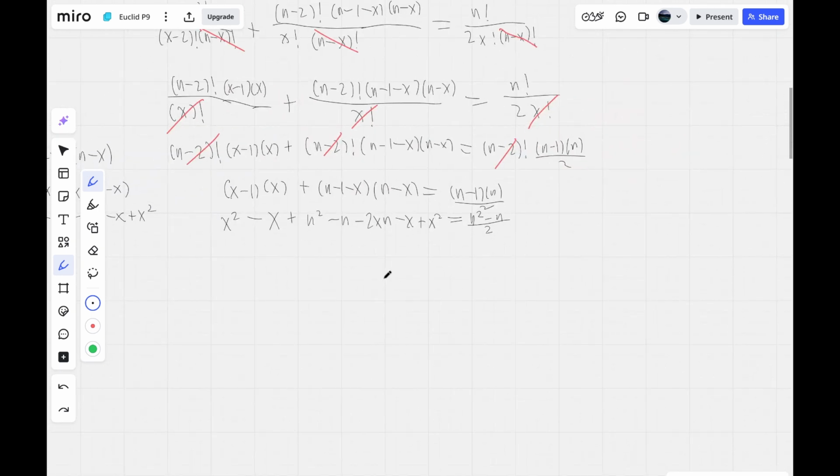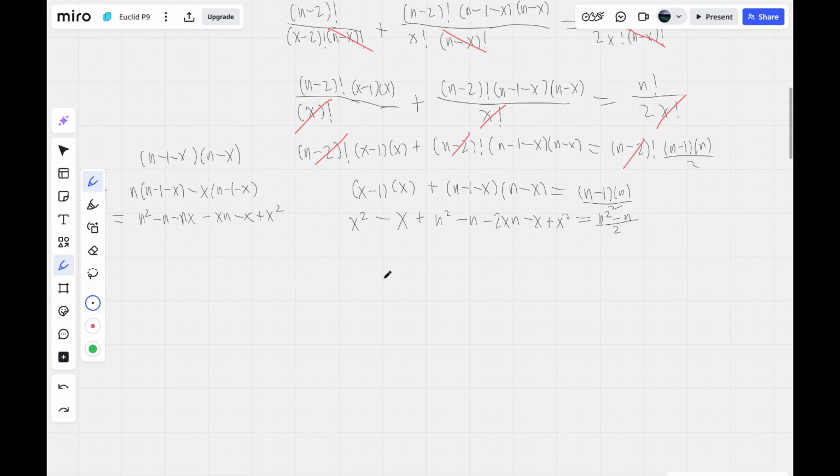So now we can combine like terms basically. That is not that hard to do. And notice that there are plenty of like terms.